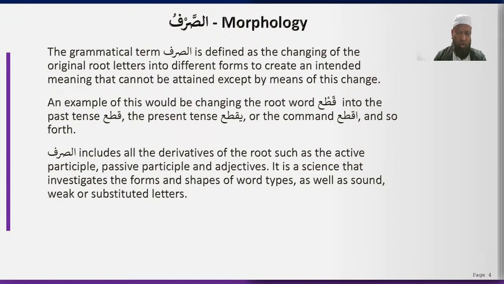As-sarf also includes all the derivatives of the root, such as the active participle, passive participle, and adjectives. It is a science that investigates the forms and shapes of word types, as well as sound, weak, or substituted letters.